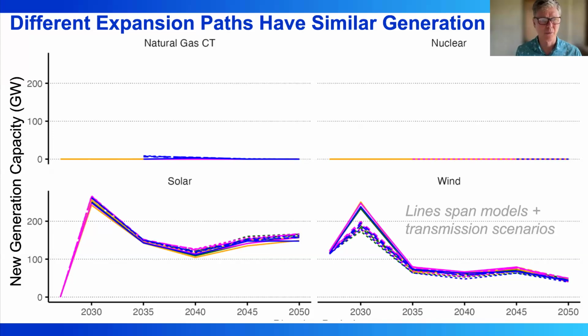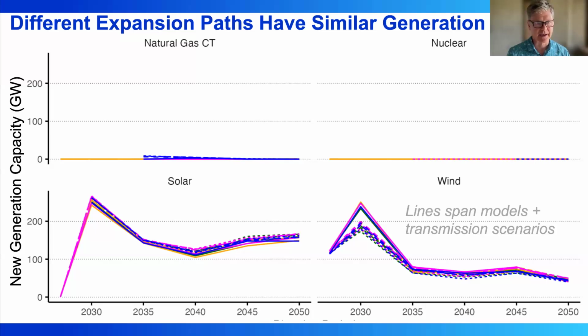These unpack what kind of expansion we're doing with generation across different types of generation capacities. And you can see we're not going to really add any nuclear here. The critical thing is keeping old nuclear, and that can make a big difference, but it's really hard to find any scenarios where we're going to be adding much nuclear.